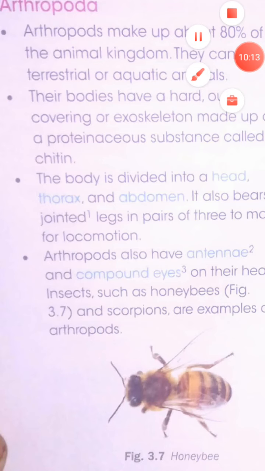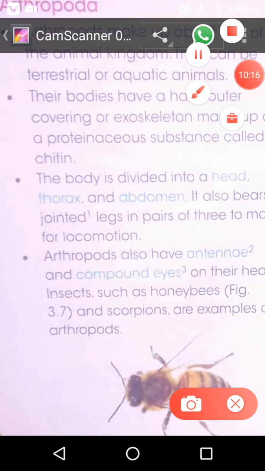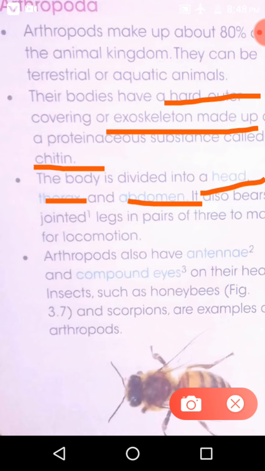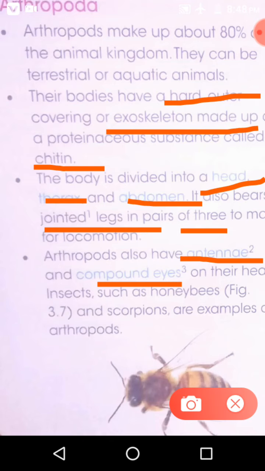First one is the hard outer covering, the exoskeleton, which contains a protein substance known as chitin. The body is divided into head, thorax and abdomen, as well as jointed legs in pairs of 3, which help in locomotion.